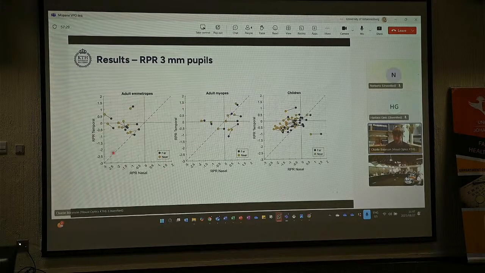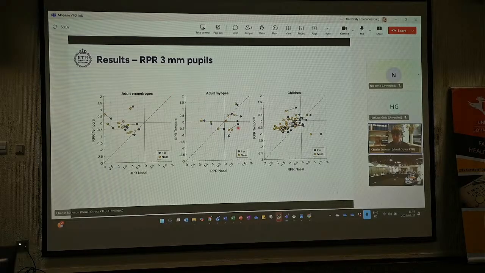If we start looking at the emmetropes, we see clearly that nasal RPR has become more negative for all subjects, and temporal RPR has become maybe slightly more positive. This negative shift nasally and positive shift temporally means that the asymmetry has increased for emmetropes. And we see now that all yellow dots are on the same side of the symmetry line.